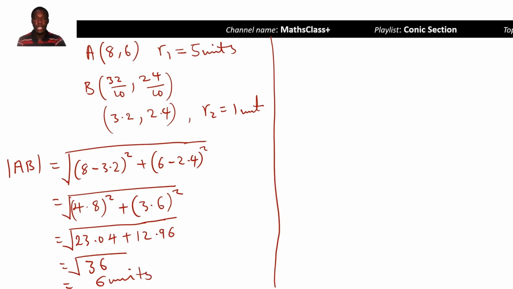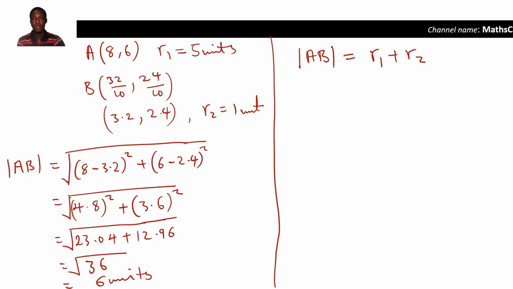Okay, now I want to see whether the distance AB will be equal to the sum of the radii R1 and R2. So we have 6 units, is it equal to 5 plus 1 unit?